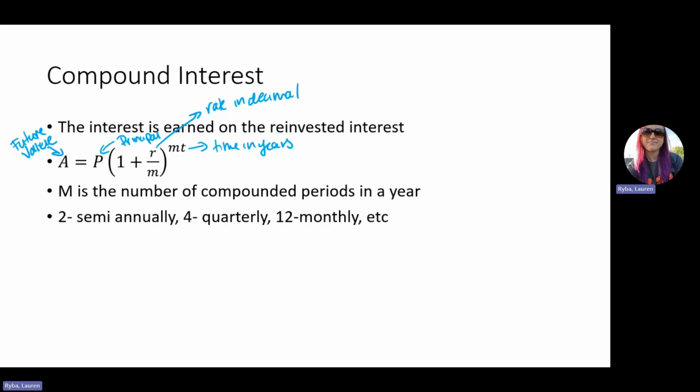Monthly means 12 times a year. Weekly would be 52 times a year. Daily, 365 times a year. So M is just the number of compounding periods in the year. So basically what we're doing is we're taking the annual interest rate and then dividing that amongst how many months or quarters or how many times we're getting that interest, and then calculating our future value based on that.